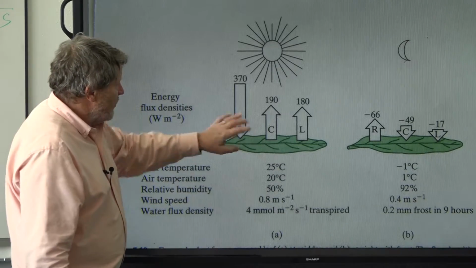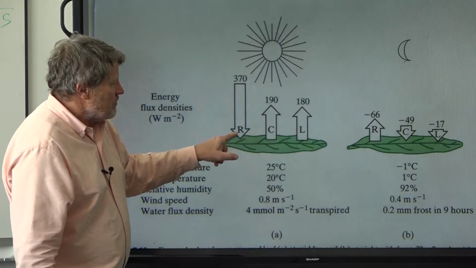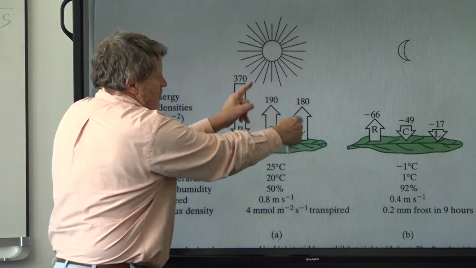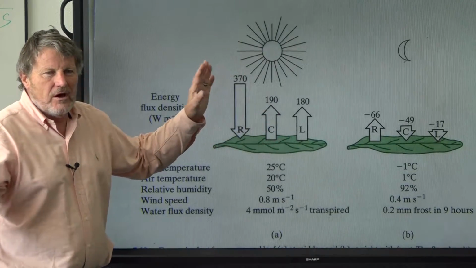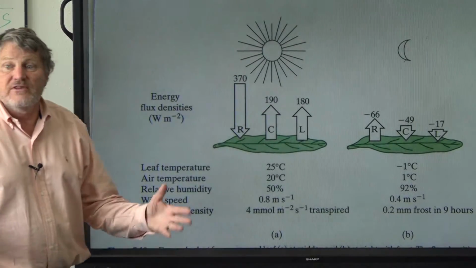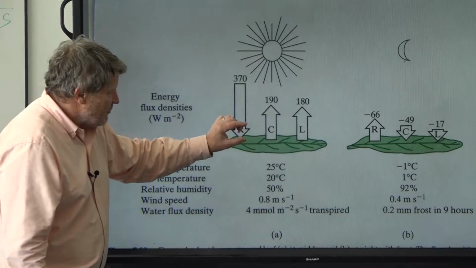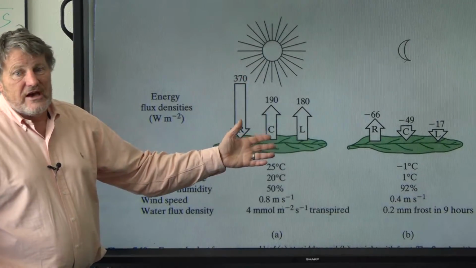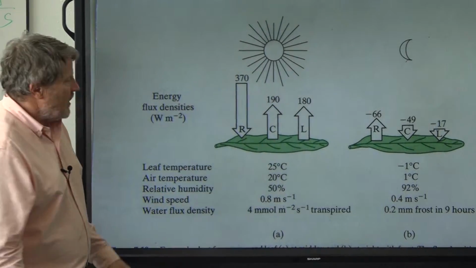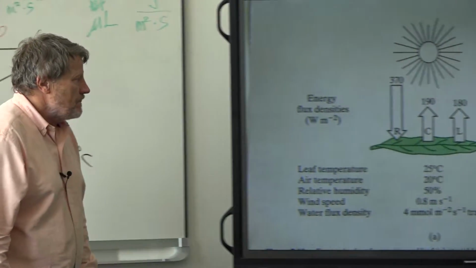A little bit more radiation is lost if the leaf gets hot, but not much. So you can see how these numbers go back and forth constantly, depending on how well watered the plant is. And this is why, if we put infrared sensors on this to get leaf temperature, we can tell the water status of the plant. We can tell how out of water the plant is.